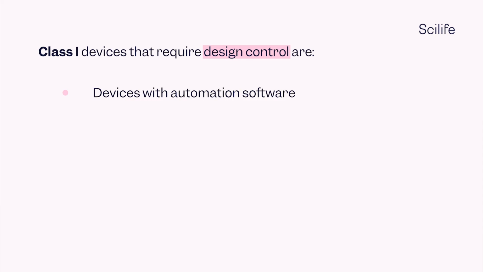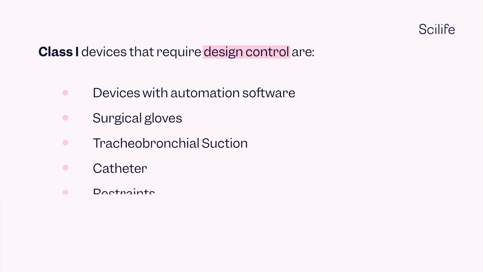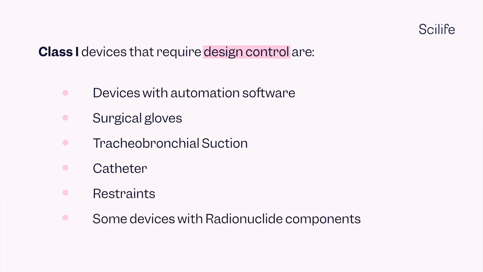Class 1 devices that require design control are devices with automation software, surgical gloves, tracheobronchial suction, catheter, restraints, and some devices with radionuclide components.